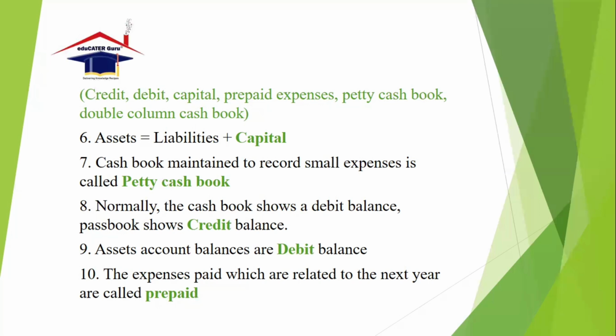Next question. Normally, the cash book shows a debit balance. Passbook shows credit balance because it reflects the bank's perspective where the bank owes the customer the amount in the account. So, passbook shows credit balance. Asset account balances are debit balances. How? Let me explain.